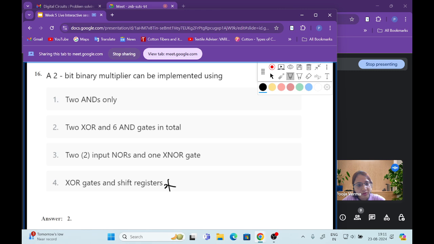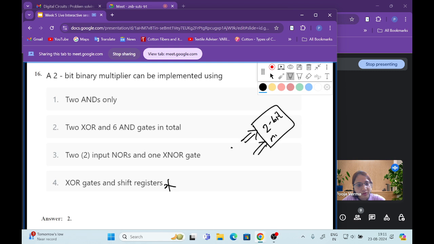Now first we will check what the outputs of the 2-bit binary multiplier will be. It is a 2-bit multiplier.